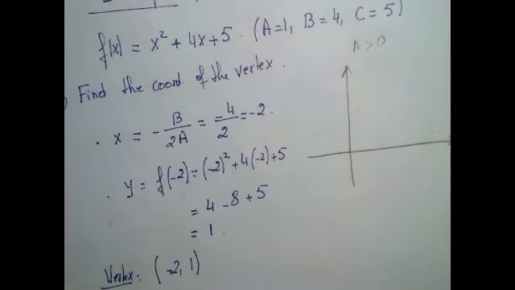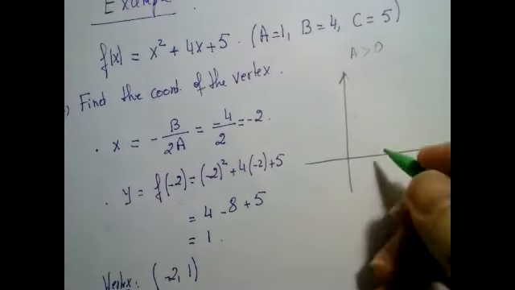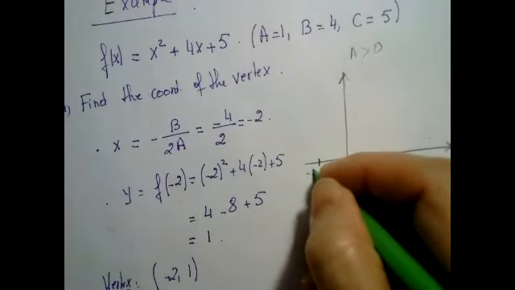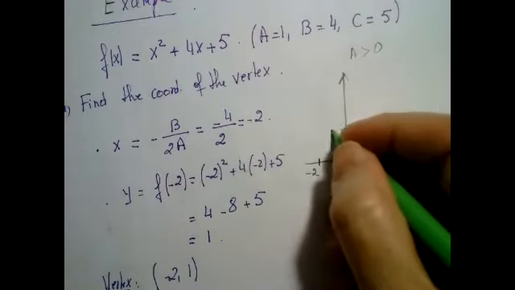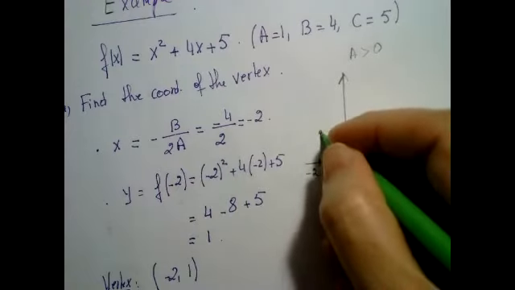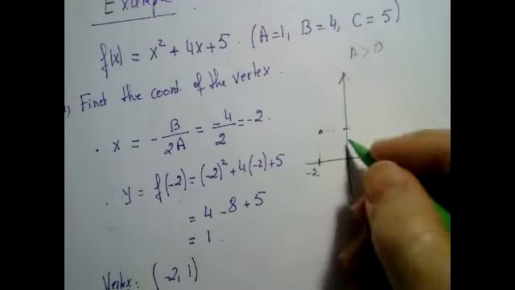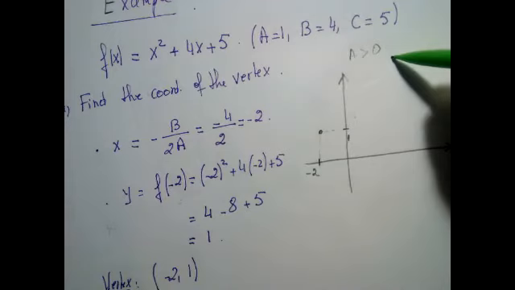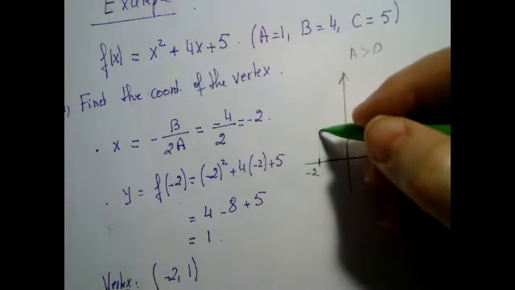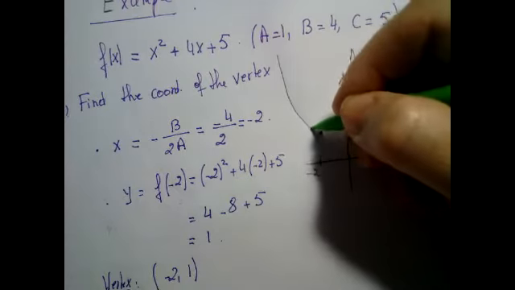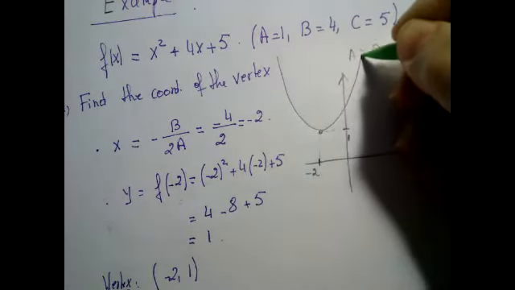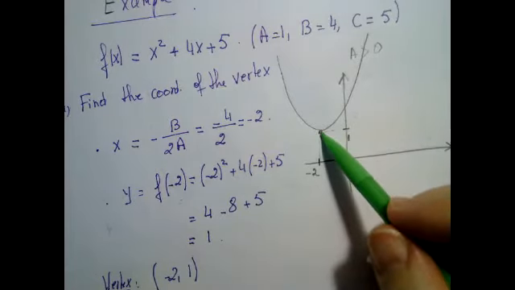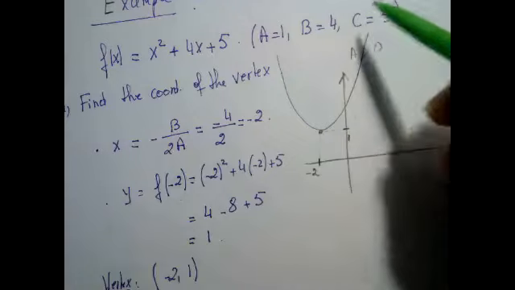So I sketch the vertex here, minus 2 and 1. Now I have a parabola going up because A is positive. I use the vertex as a guideline, and that's my parabola.